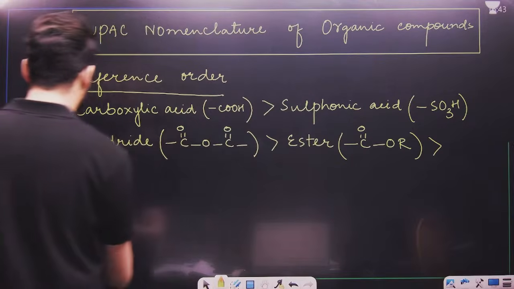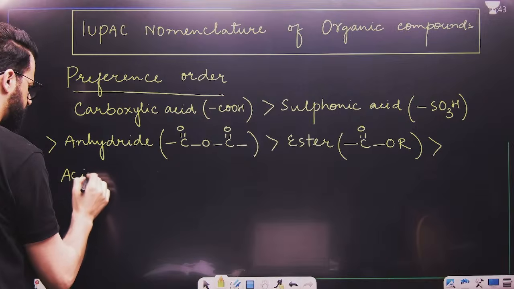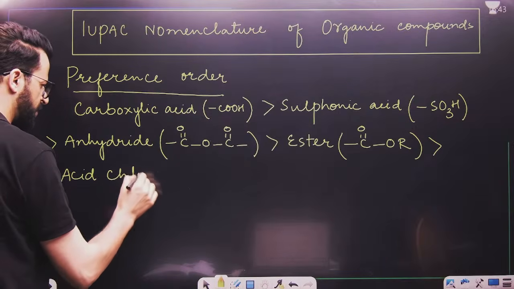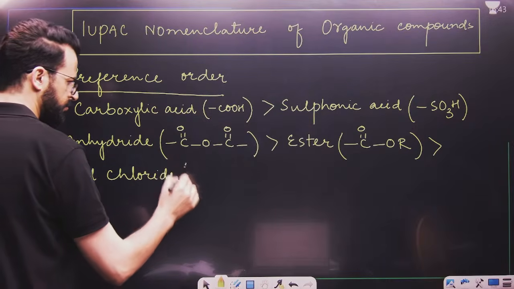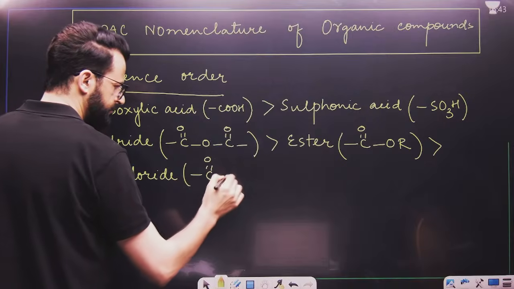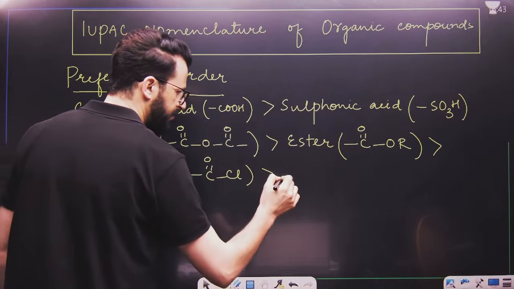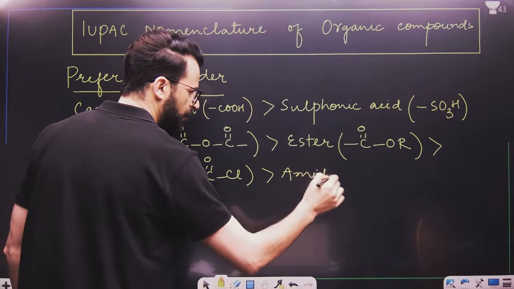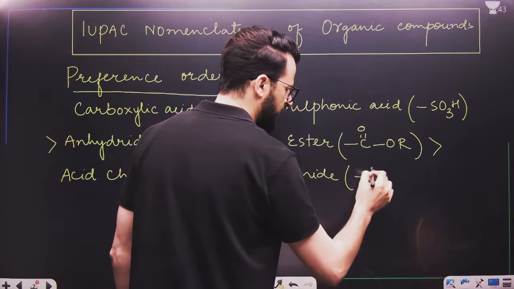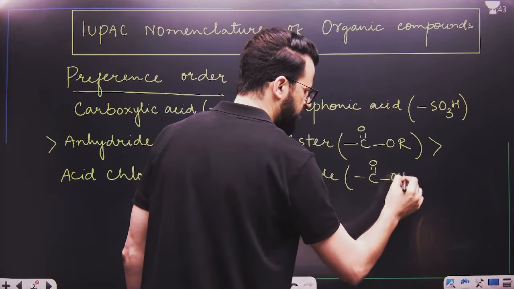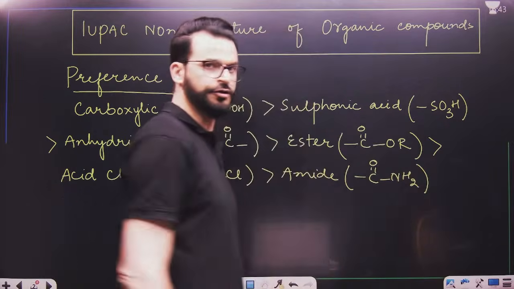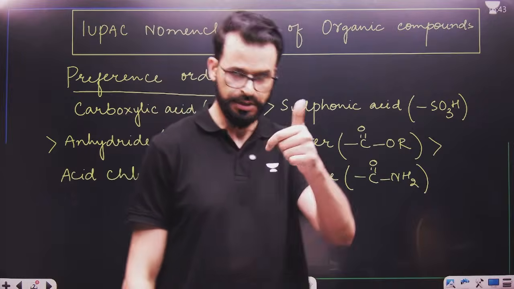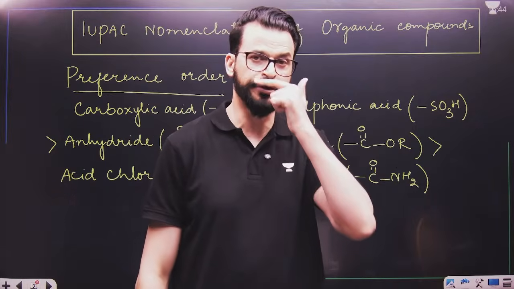So let me write down acid chloride first. And then amide, that means CONH2. So these are the functional groups. You have to write down these functional groups first. So first, carboxylic acid. Now you can repeat these things with me.